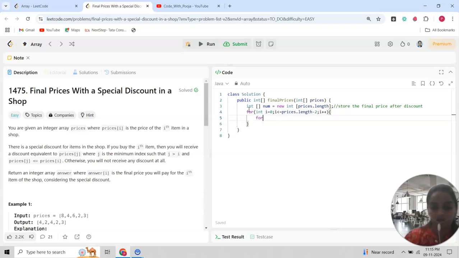Then again for int j equals I plus 1, and then j will iterate while j is less than prices.length minus 1, and it will be less than, not equal to, prices.length.